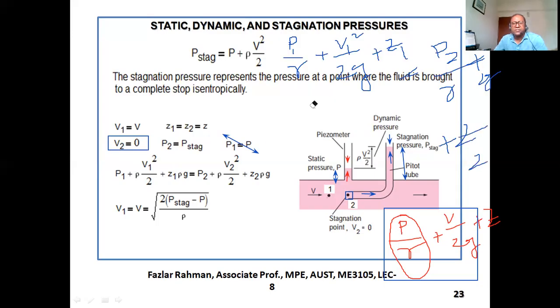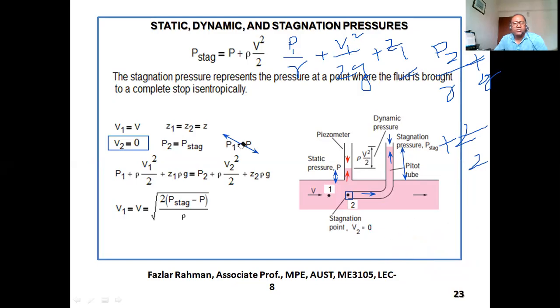Now, you see Z2 and Z1 in both cases are the same, so they will cancel out. V2 you make 0, so V2 will be out. So finally, what are we getting?